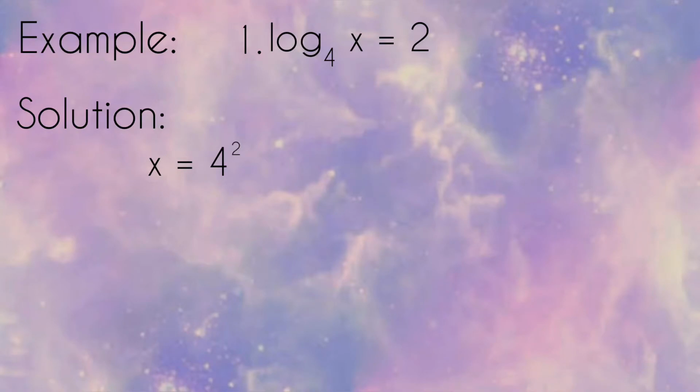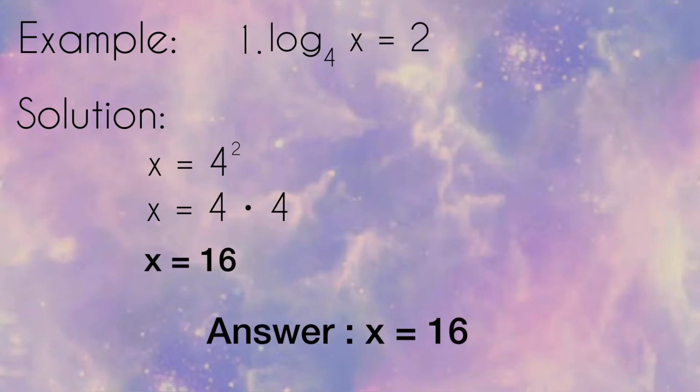Second step is to get the answer of 4 squared. Since the variable x doesn't have a coefficient, the answer will be x is equal to 16. And since there's no other way to simplify this equation, our answer to this problem is x is equal to 16.